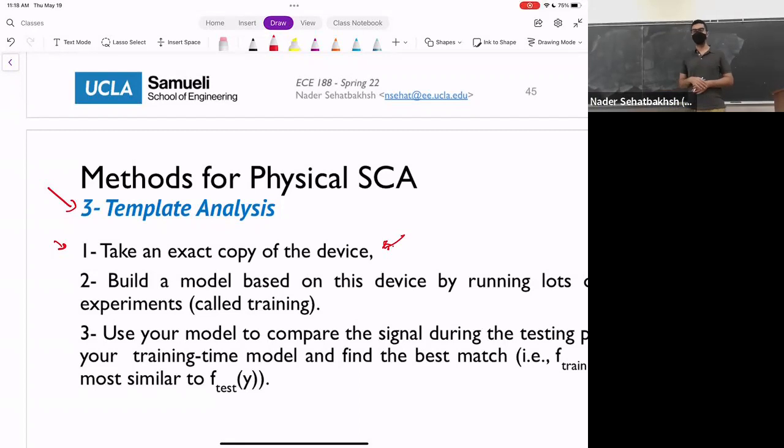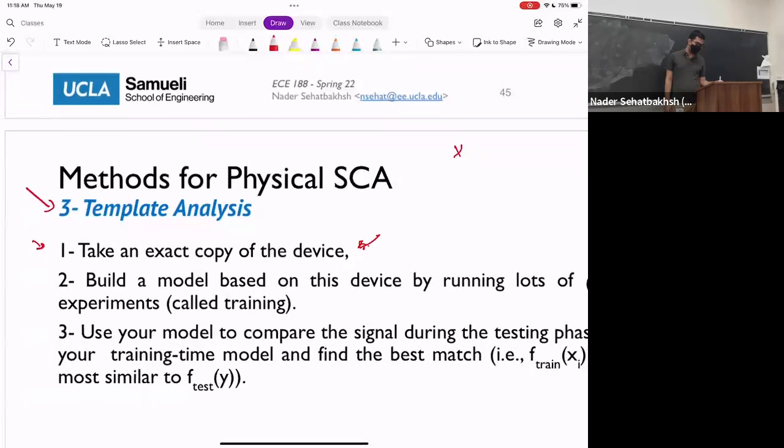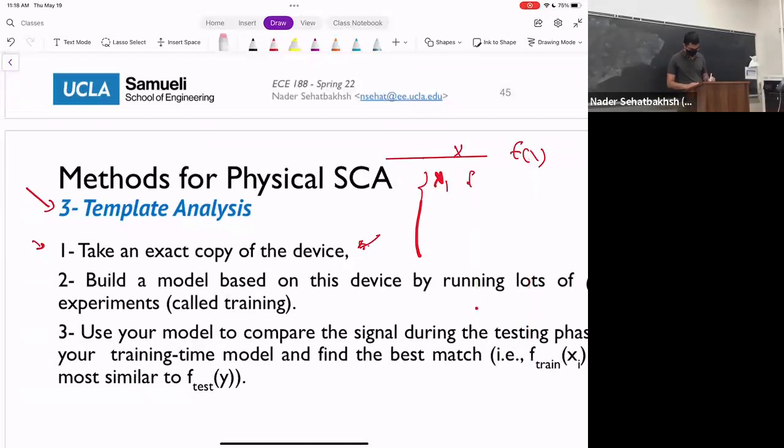So you get that, and then you start your training phase. The training phase is basically saying that if I want to find x from f of x, what I can do is run this huge set of pairs: x1, f of x1, x2, f of x2, and so on.